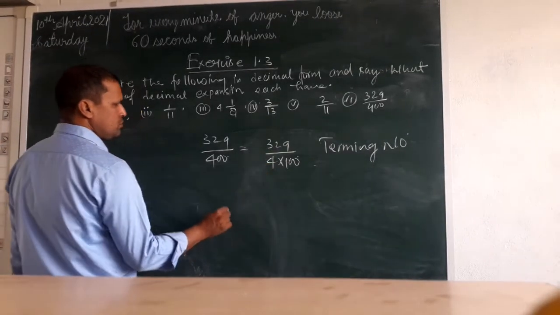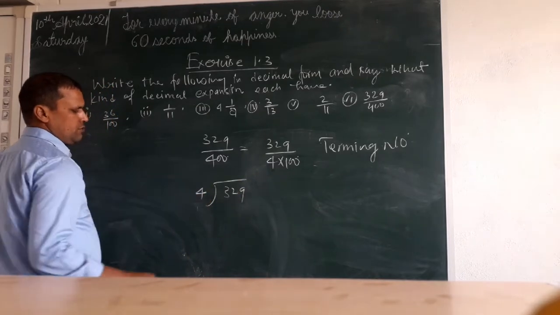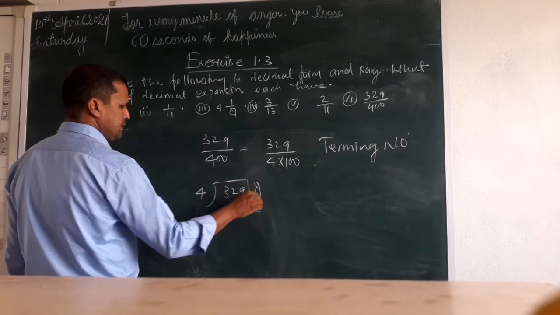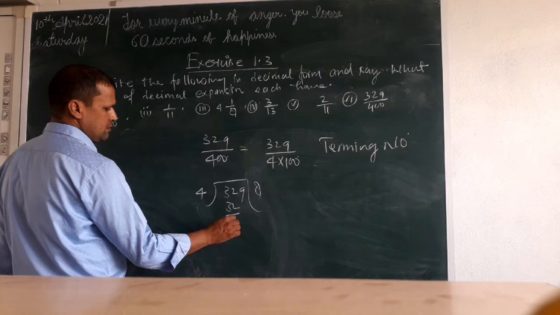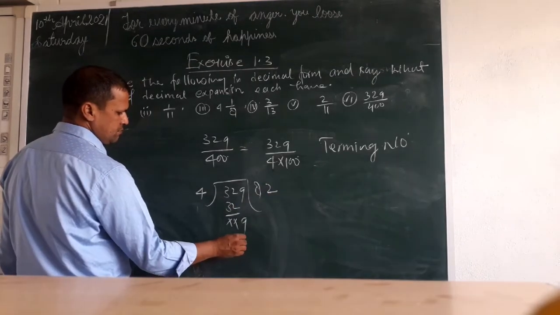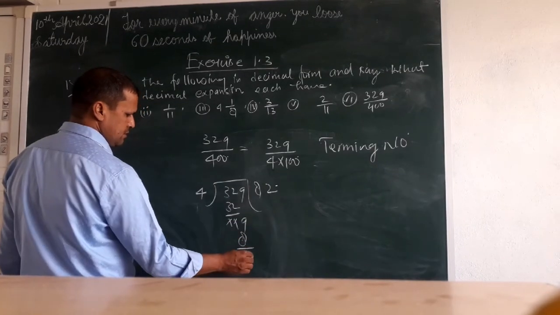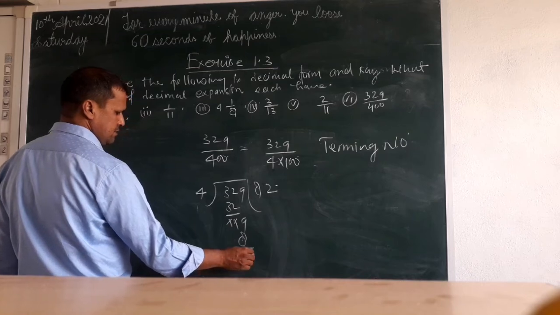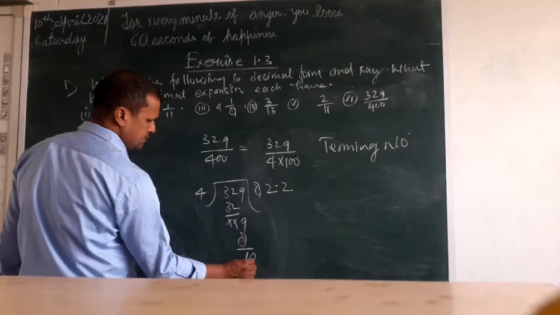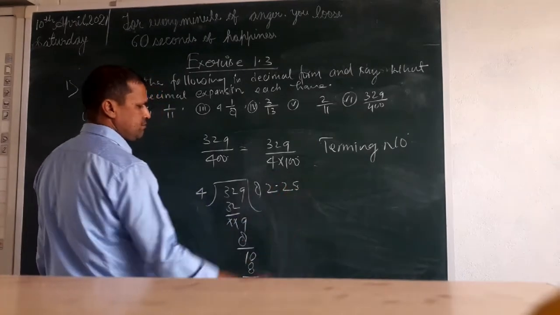Firstly, 329 divided by 4. 8 times, it is 32. 9, 2 times 8, remainder 1, decimal, 2 times 8, 2 times 20, 5 times.